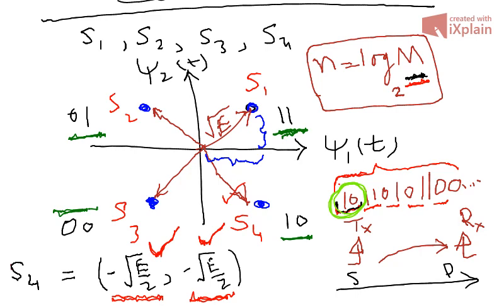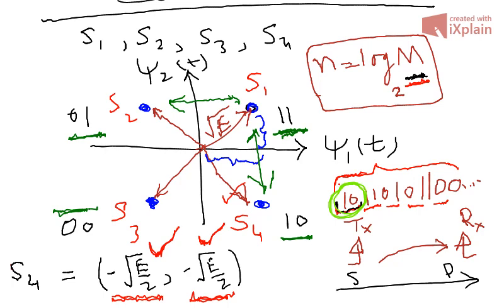Now each symbol, like S1, has adjacent symbols. For S1, S2 and S4 are the adjacent symbols. Similarly for S3, S4 and S2 are the adjacent symbols.